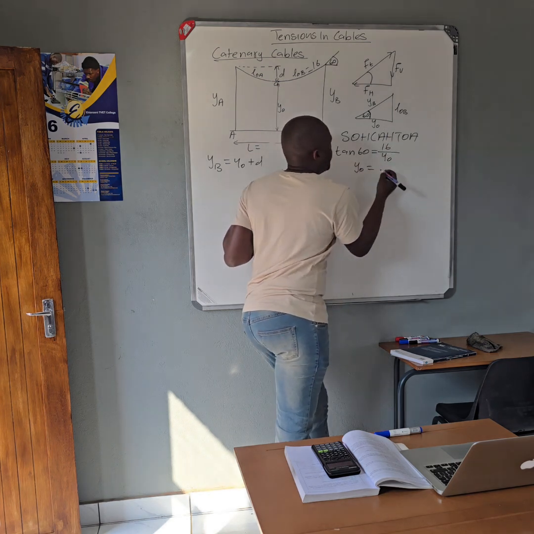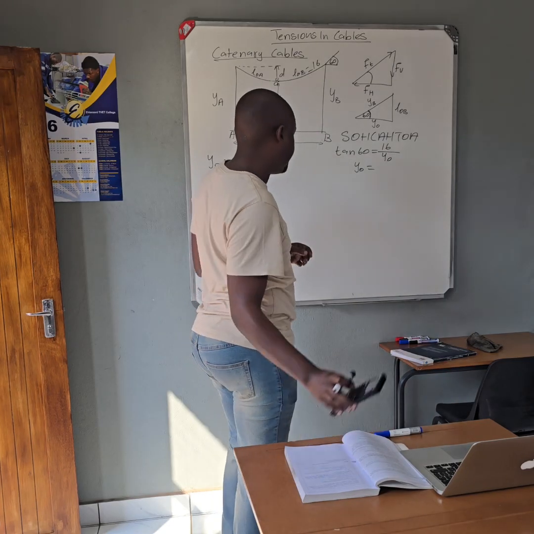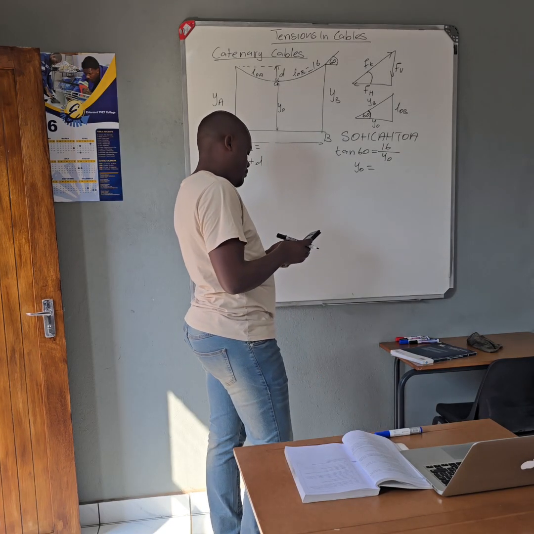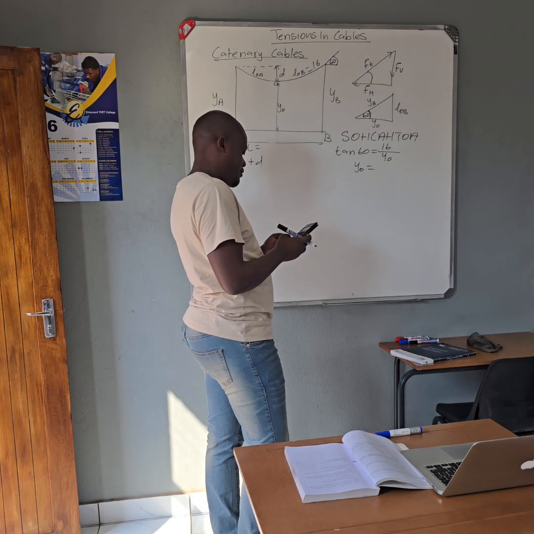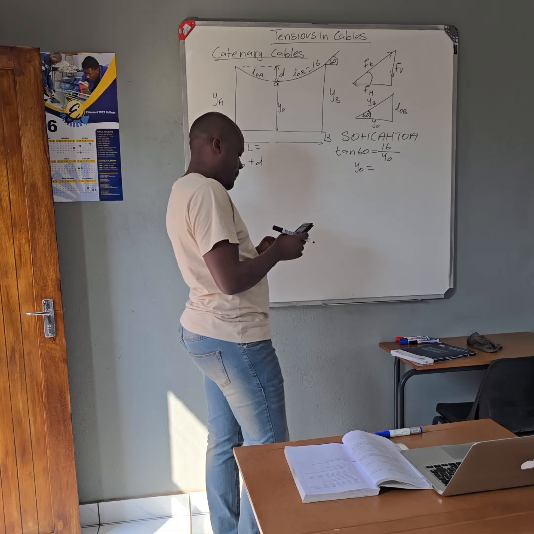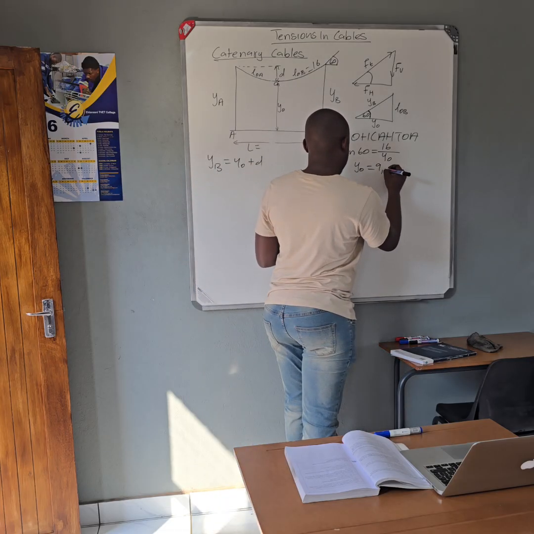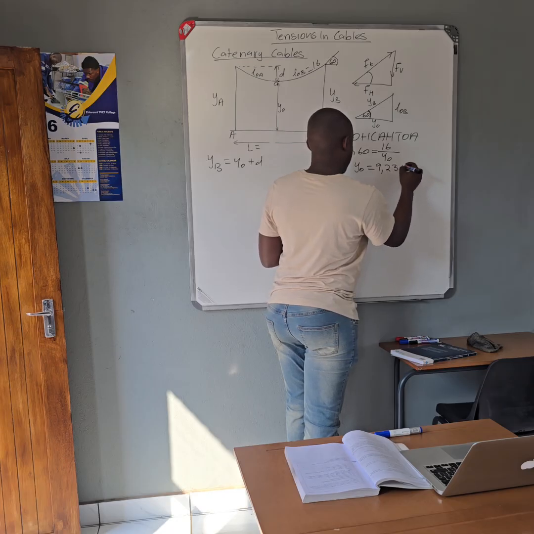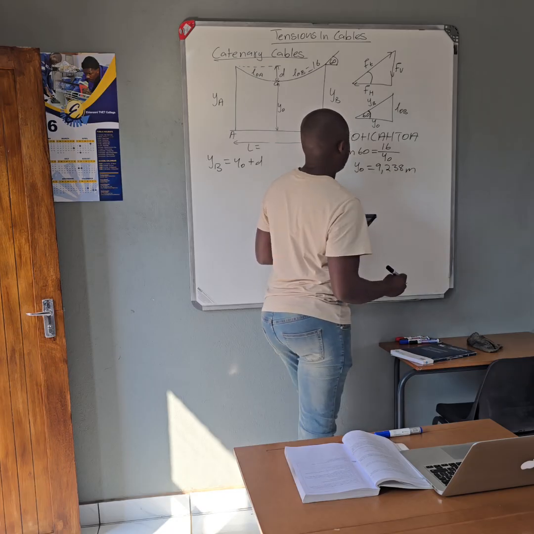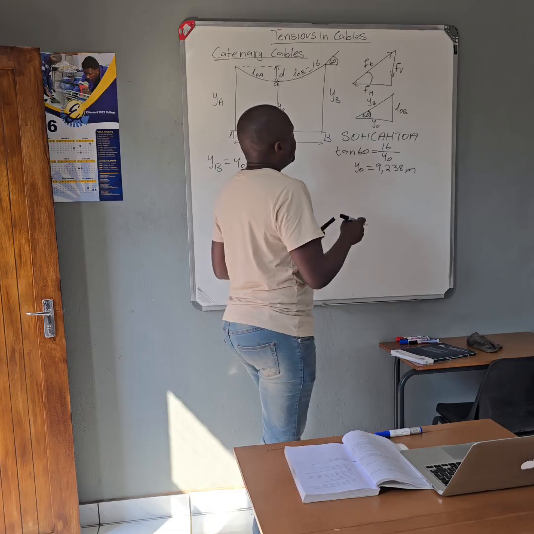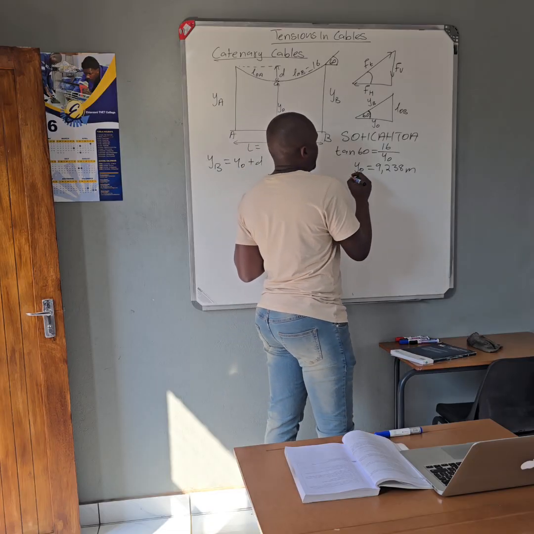Then YO is 16 divided by tan 60. I'm getting my YO to be 9,23238 meters.